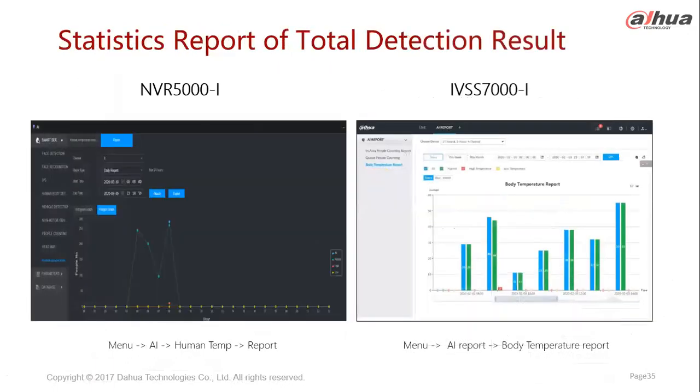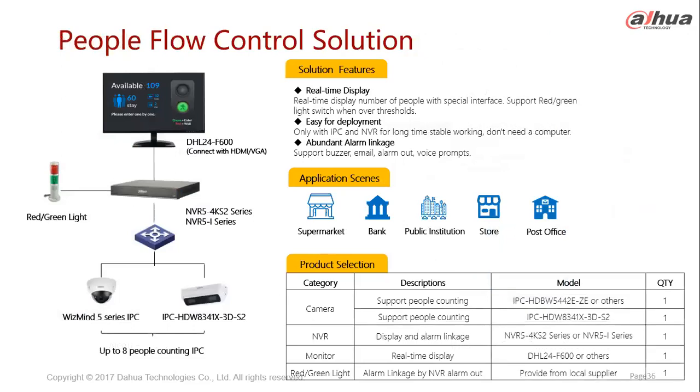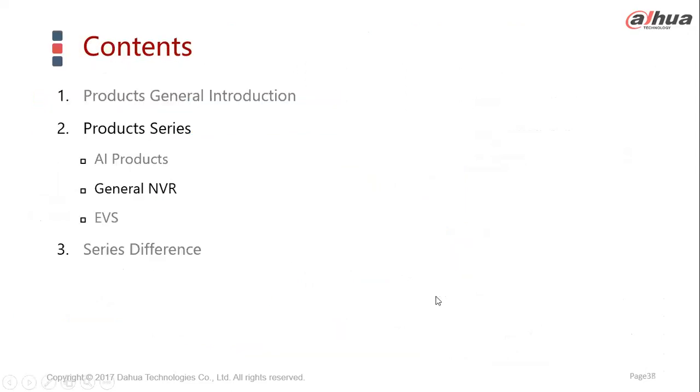I can still achieve that one with an NVR and generate reports on the same. People flow is more of people counting. Temperature monitoring solutions with a standstill. So these are just the product promotion.